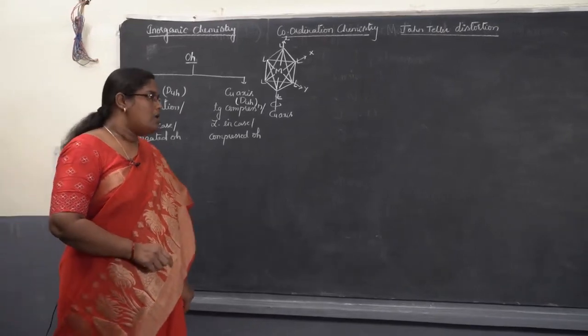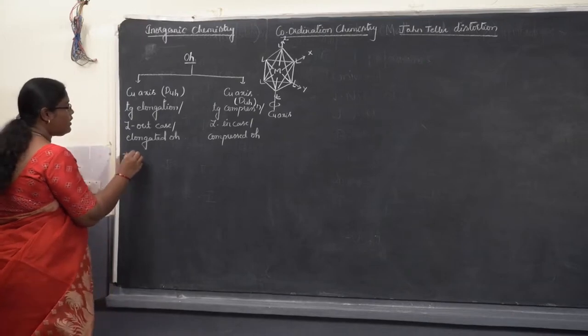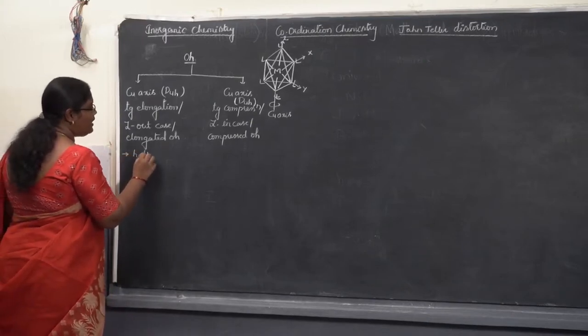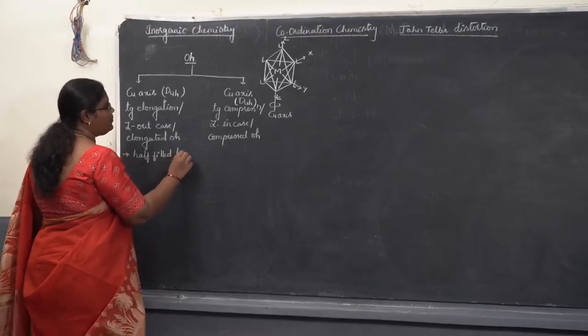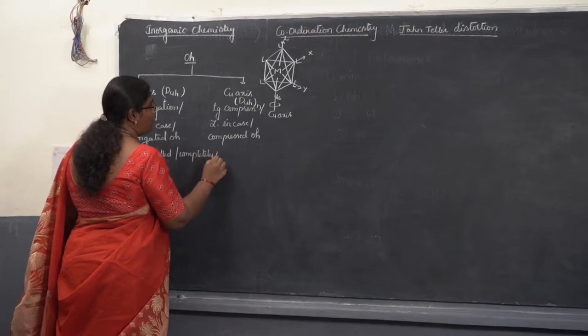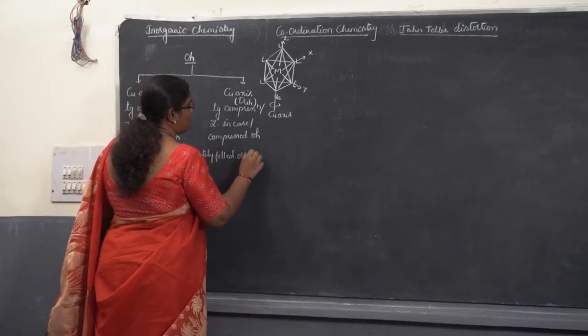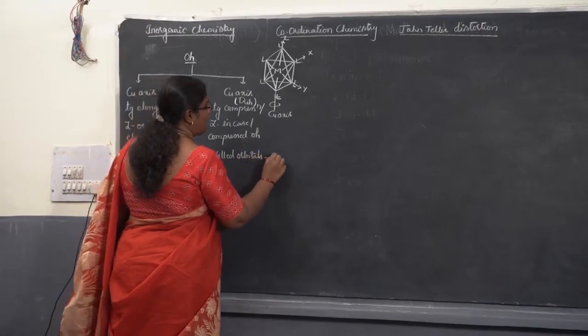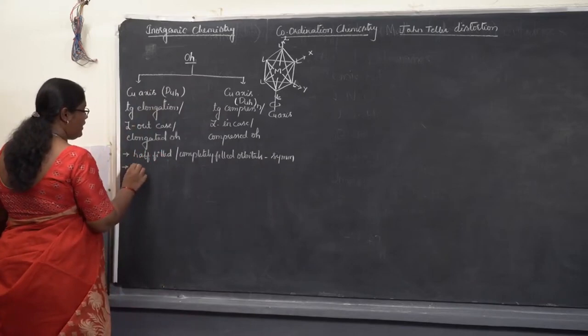Then what are symmetric and asymmetric configurations? Half filled or completely filled orbitals, we call them symmetric configurations. So then what are asymmetric configurations?